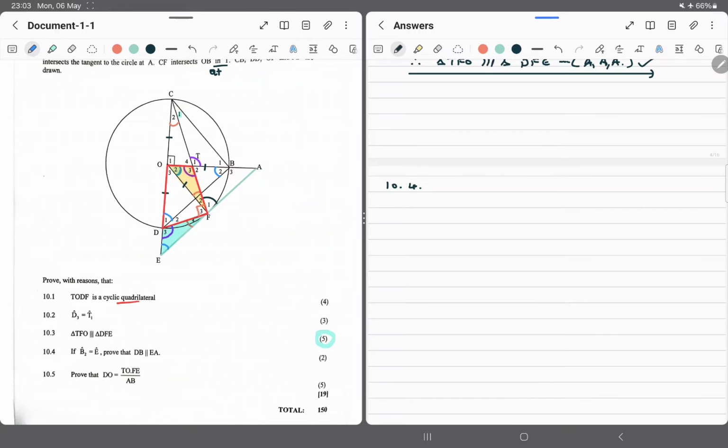10.4. We will say here, we know that angle B2 is equal to angle D1. What is the story?